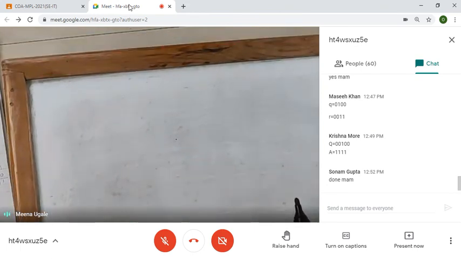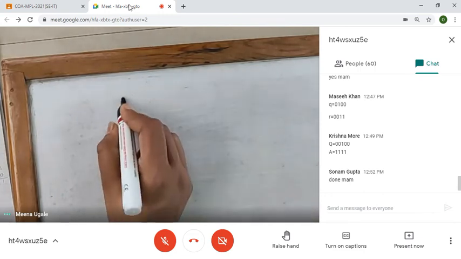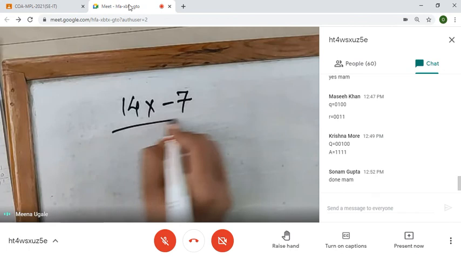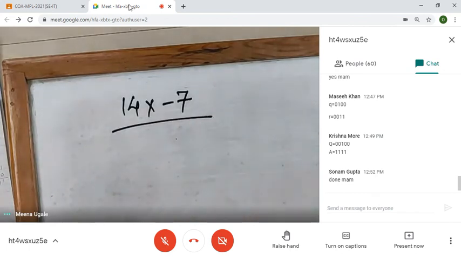Using Booth's algorithm, multiply 14 and minus 7. The question is, using Booth's algorithm, multiply 14 by minus 7. Okay, don't start.